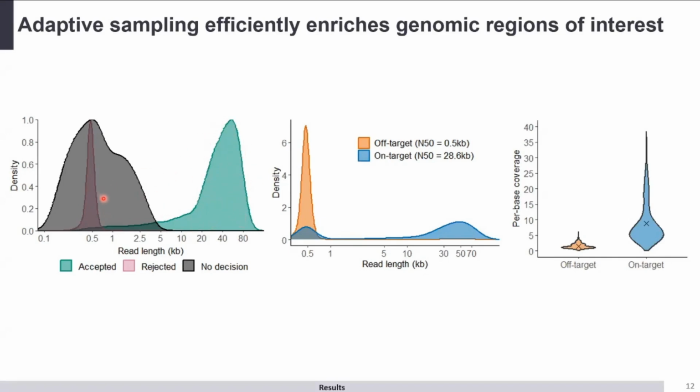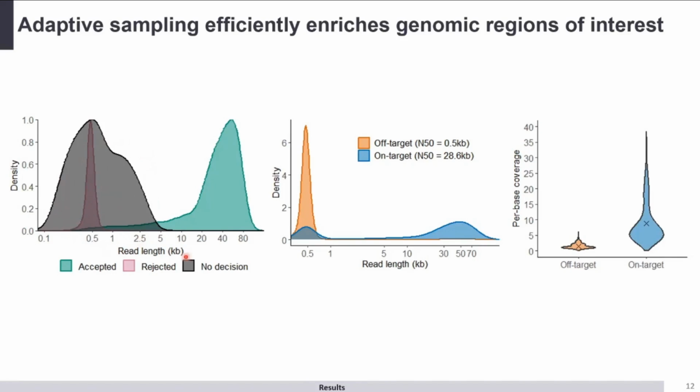In contrast, rejected reads in red color here exhibited a sharp and narrow peak around 500 bases, which is the length selected to eject the molecules from the pore when they are identified as not being from any target region. Additionally, there were reads with sizes ranging from 100 to about 2,500 bases, which the software could not classify. Therefore, these fragments were fully sequenced before any decision was made.